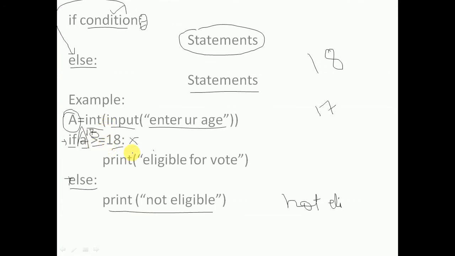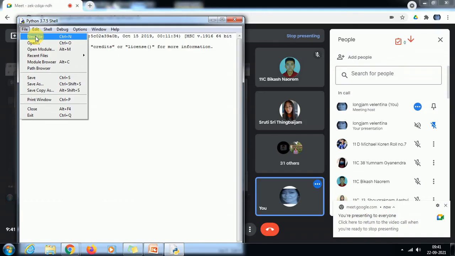Yes, because 18 is equal to 18, so there is one true condition. That's why this condition becomes true. So it will print eligible for voting, and it will not move to the else statement, and the program will exit from this.